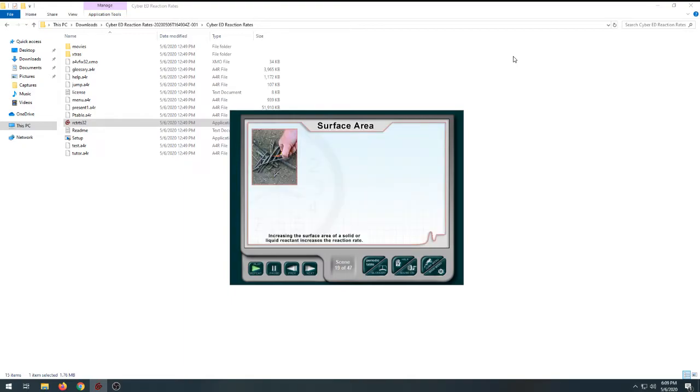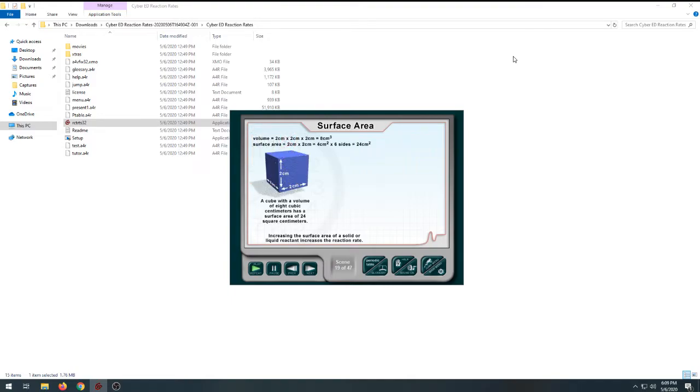Another factor that increases reaction rate is increasing the surface area of a solid or liquid reactant. This is why, as mentioned earlier, it is easier to light small pieces of wood than it is to light one large piece that has the same mass. Each time a large object is broken up into smaller pieces, the surface area increases.